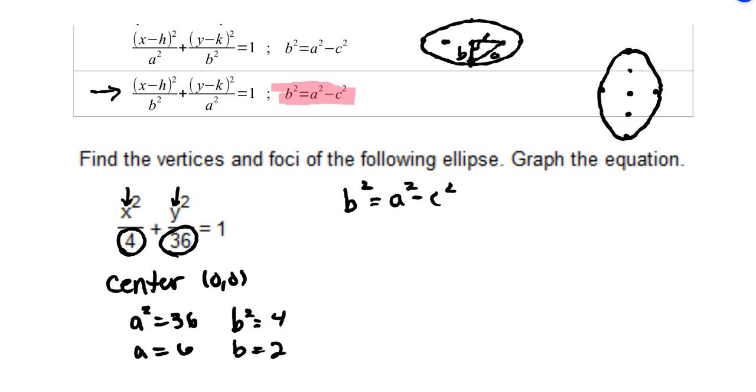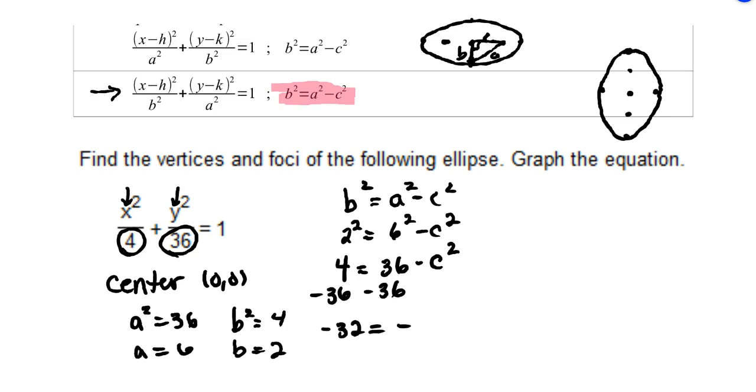b squared, that'd be 2 squared, equals 6 squared minus c squared. That's 4 equals 36 minus c squared. Subtract 36 on both sides, giving me negative 32 equals negative c squared.